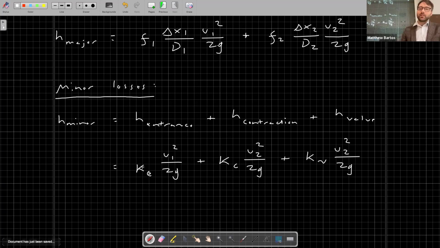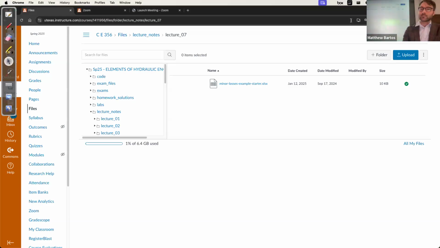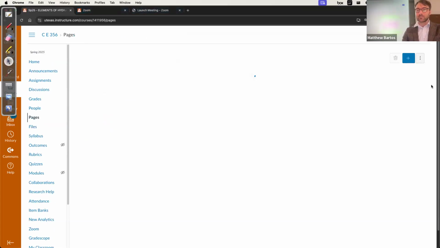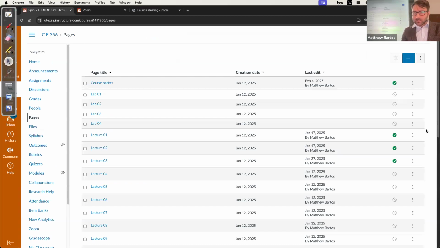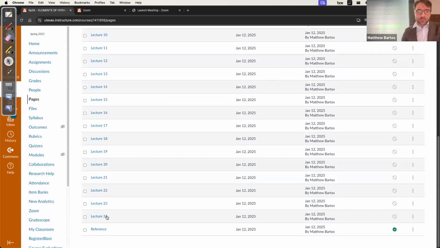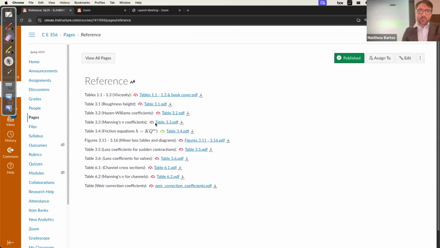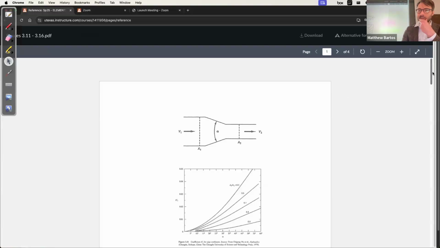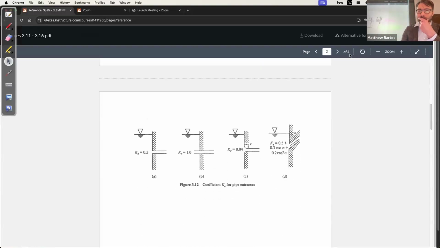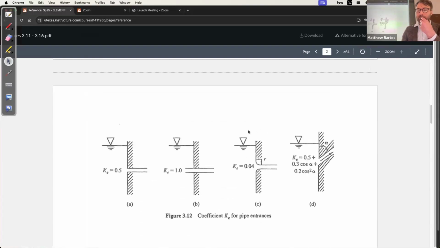So let's go ahead and try to populate each of these coefficients. I'm going to go back to pages and let's go down to reference. Okay, so first we need the entrance loss. That's in this table here, and we have a couple different options to choose from.